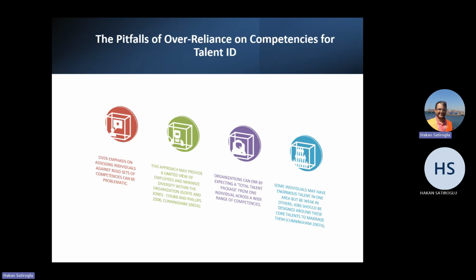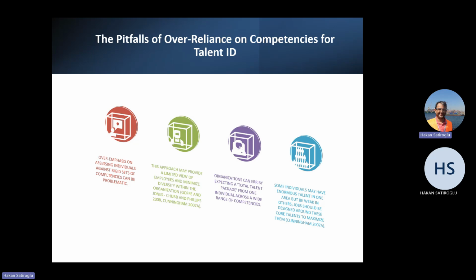The second one: this approach may provide a limited view and minimize diversity within the organization. The first one: rigid sets of competencies can be problematic. Okay, so these are the main pitfalls and counterarguments against that sticking.